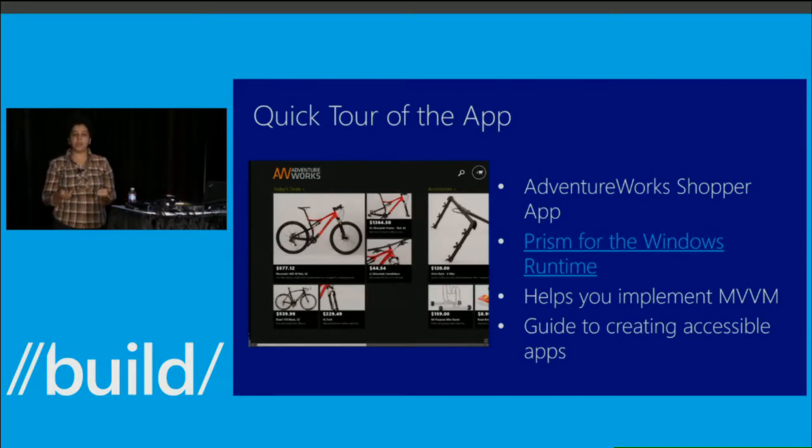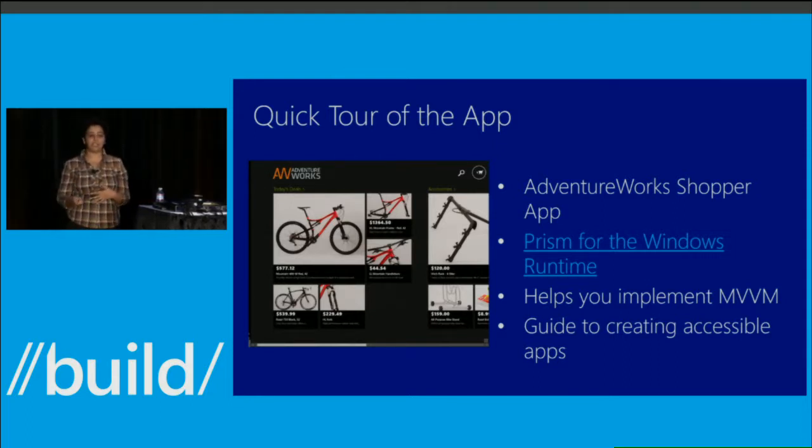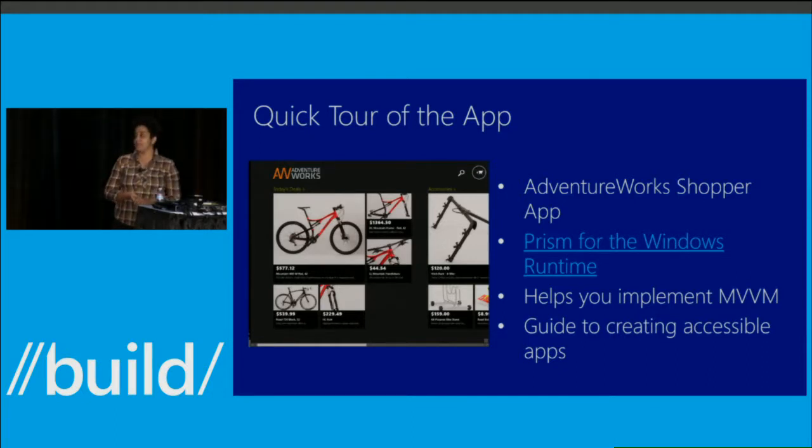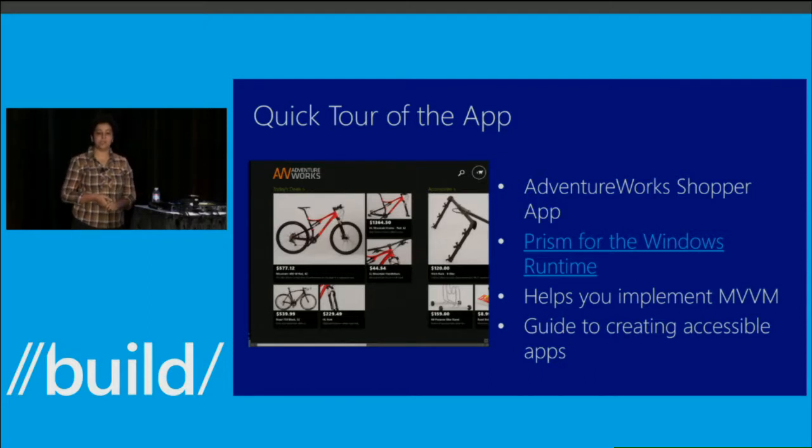Prism is a great guidance that was created by Patterns and Practices team at Microsoft, and it helps developers create rich and maintainable applications. So apart from the usual concerns that a store app has, for example, how do I do lifecycle management, navigation, notifications, styles, charms integration, et cetera, Prism also helps you implement MVVM, the model view model design pattern that helps you separate your concerns so that you can have an easily maintainable app.